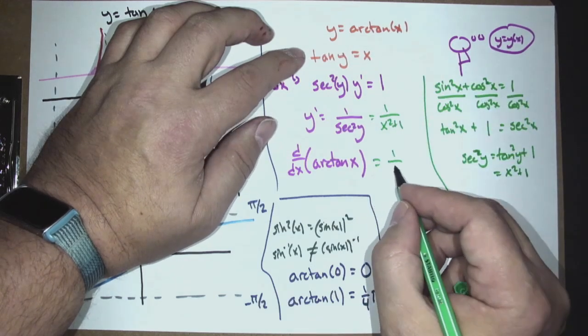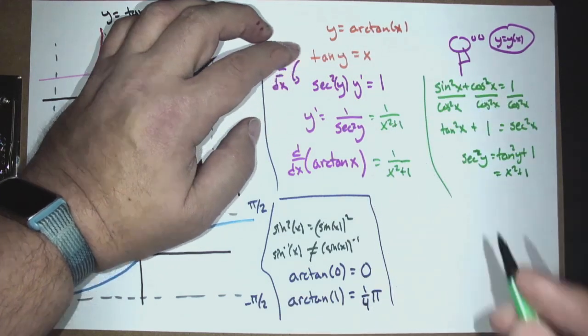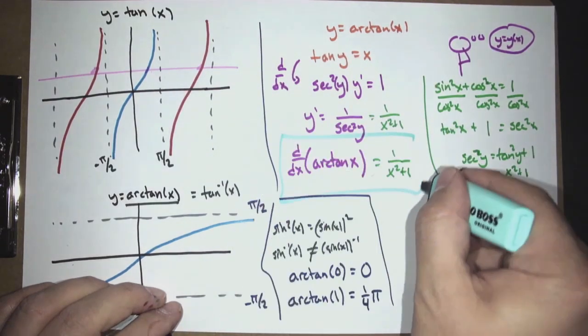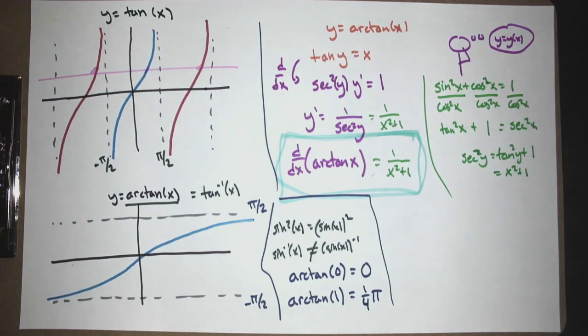So the derivative of arctangent is beautiful. The derivative of arctangent is 1 over x squared plus 1, or 1 over 1 plus x squared.